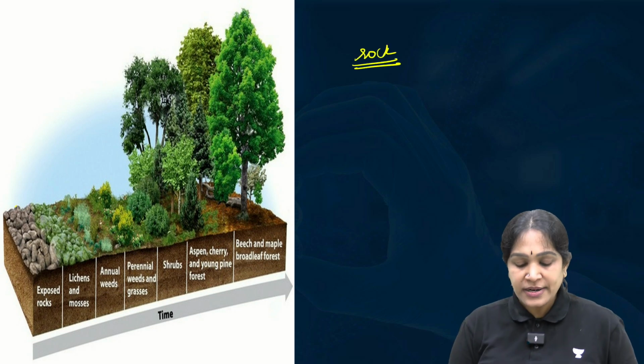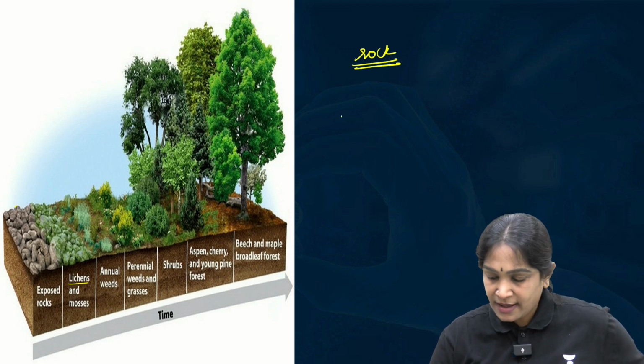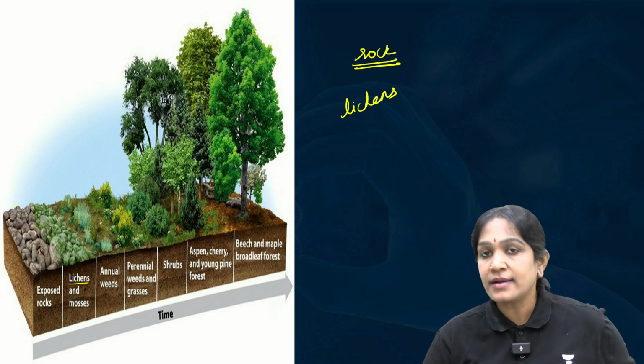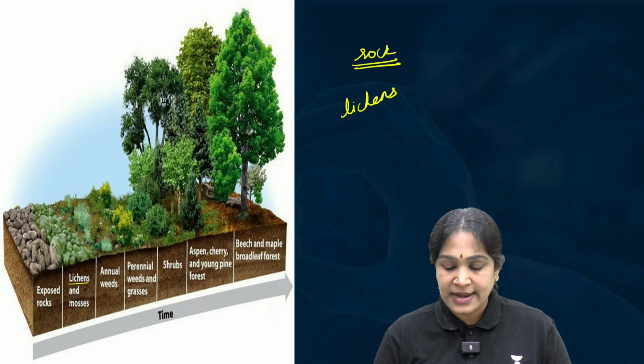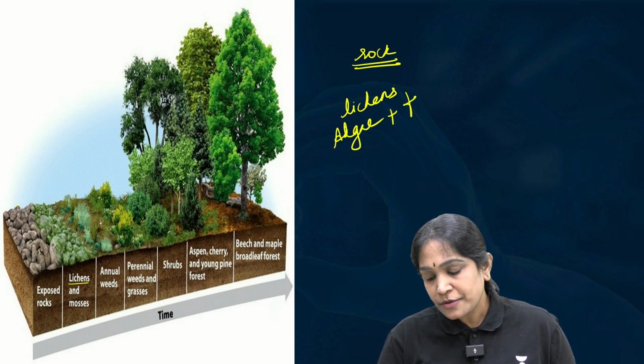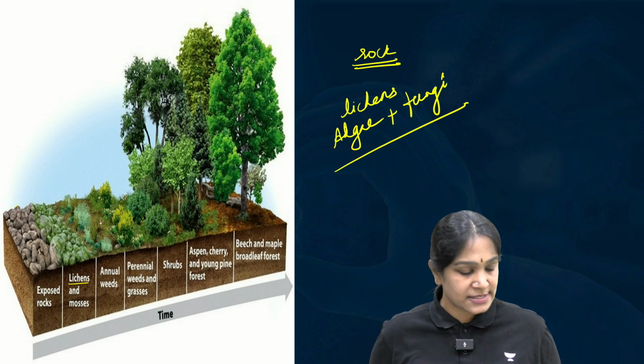First, what happens? Only some lichens. What are lichens? Lichens are a kind of symbiotic relation between algae and fungi. This combination is called lichens.